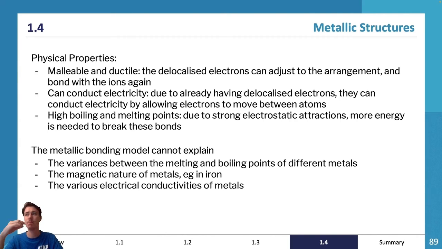The metallic bonding model cannot explain the variance between melting and boiling points, the magnetic nature of metals, or the various electrical conductivity of metals. So there are some elements of metals which are really different. Some metals are magnetic, some metals are not. Some metals are conductive far more than others. The variance between melting and boiling points is considerable between metals.